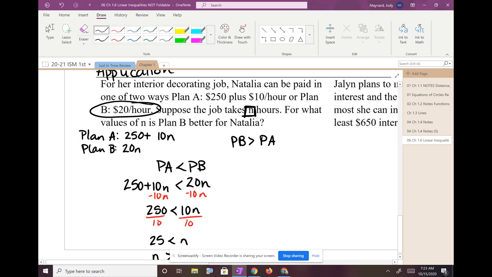If she works less than 25 hours, then she should choose this plan because it pays her more money. But if she works exactly 25 hours, it's going to pay the exact same.